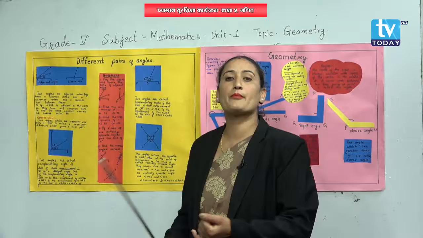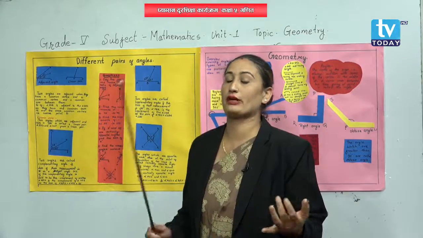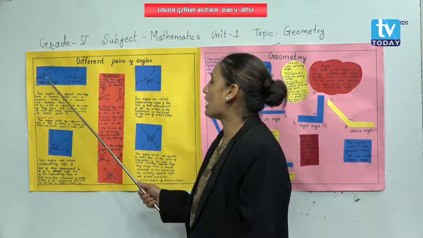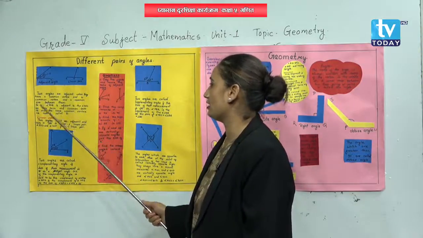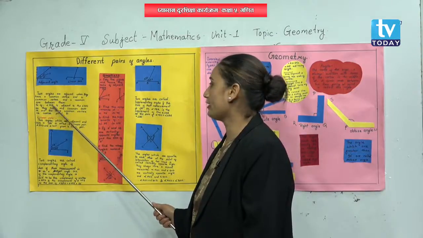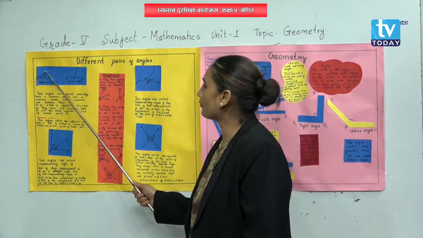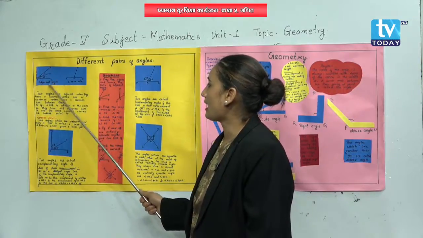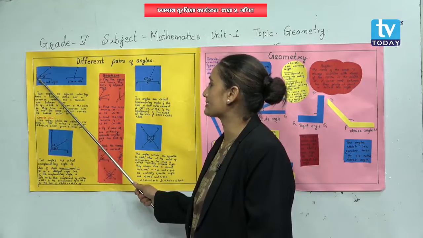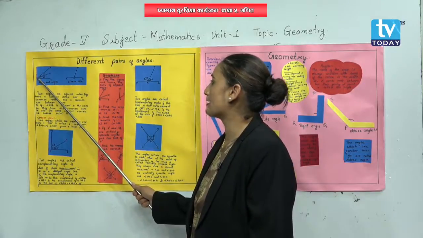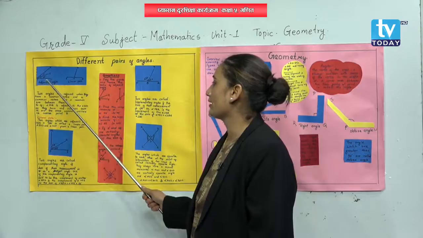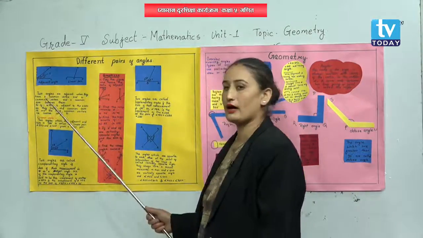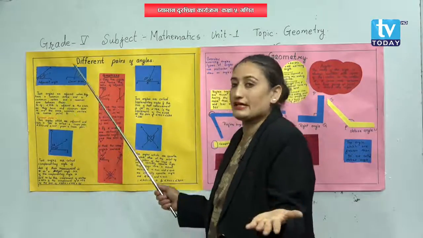If there is a common arm and common vertex, then we call it an adjacent angle. How to write the name of the adjacent angle? Angle AOB is adjacent to BOC as they have one common vertex O and one common arm OC. Do you understand?